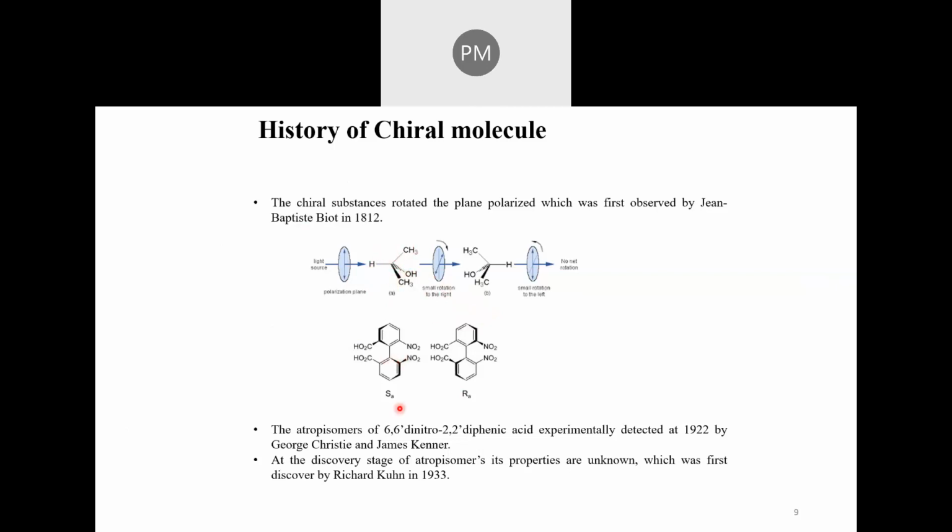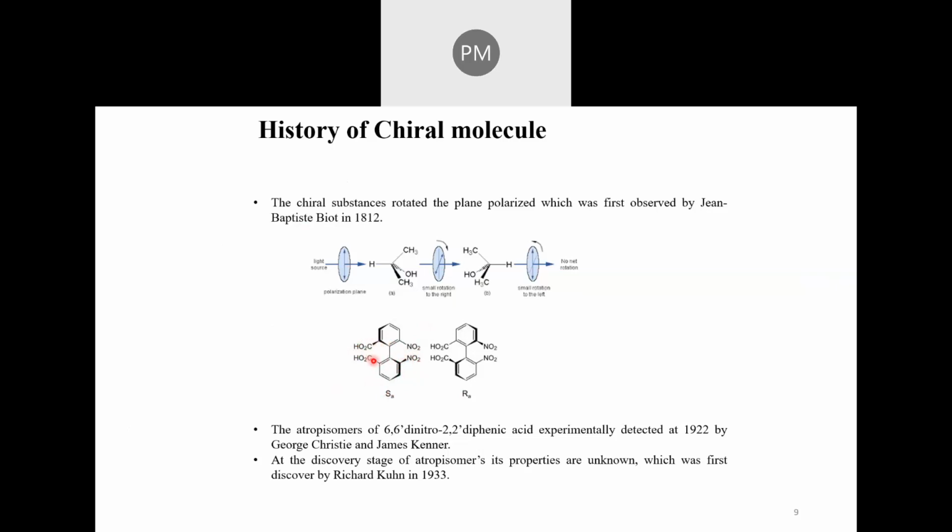For this molecule, the biphenyl group, due to steric hindrance between this NO2 and this COO, these are not in the same plane. If I consider this one in the plane, this one is in the above plane and this one is in the below plane.